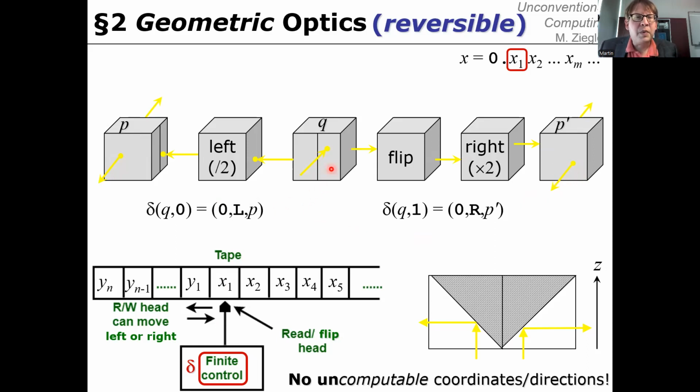It will probably enter at a different x position and at a different y position, and then maybe leave here and enter again. And so we can simulate the calculation of the Turing machine step by step. And that's already basically the idea of simulating a Turing machine using an optical computer, using a geometric optical computer.